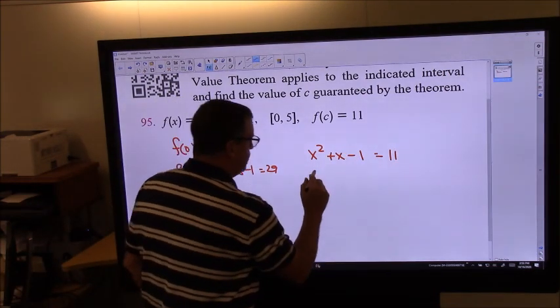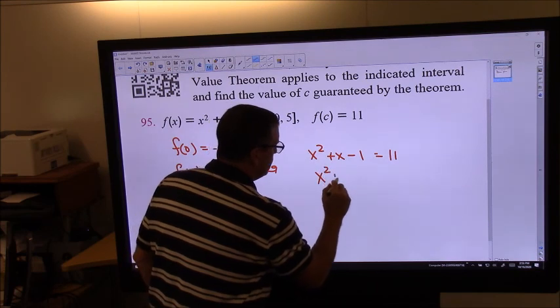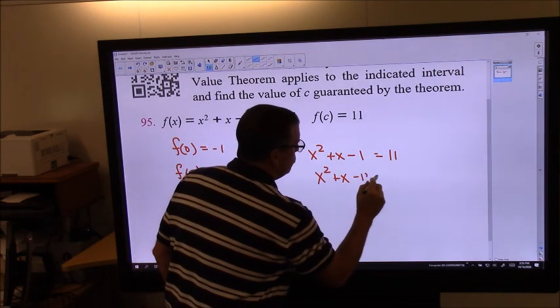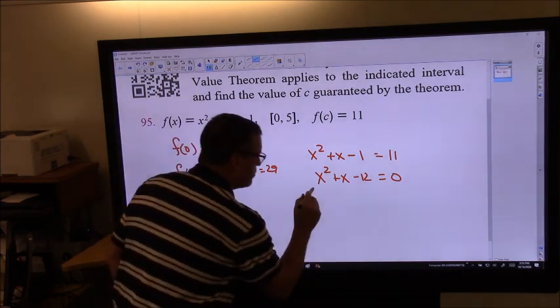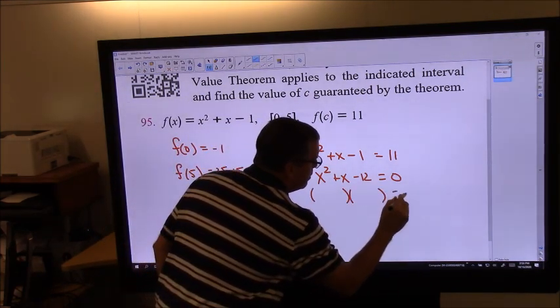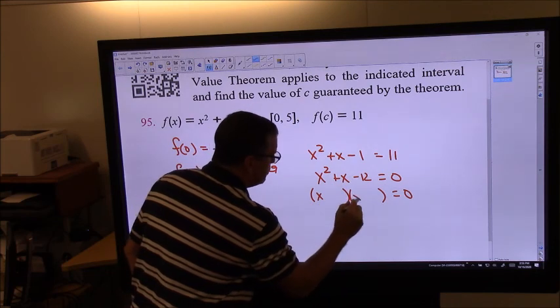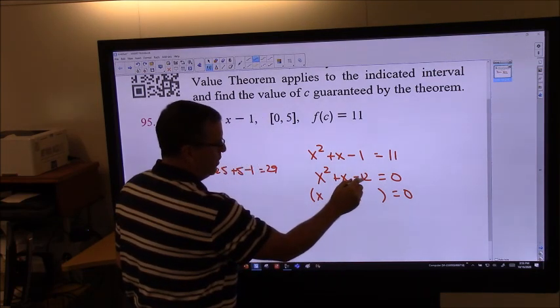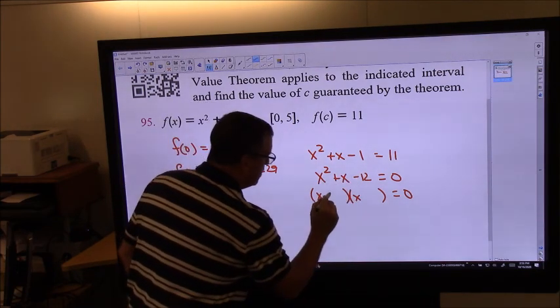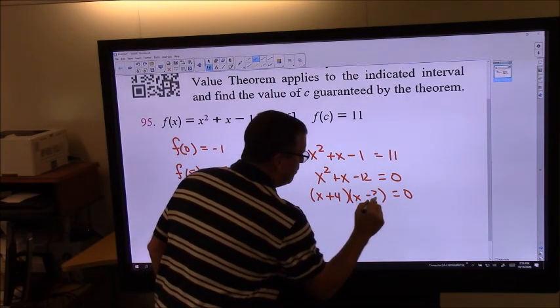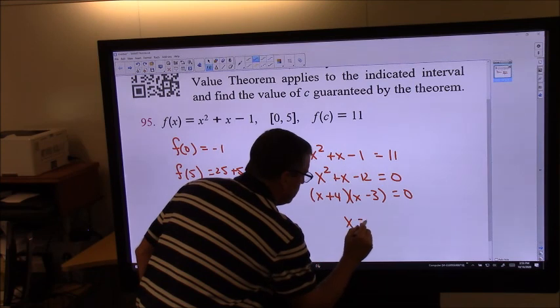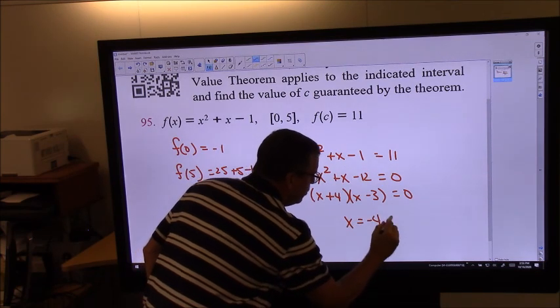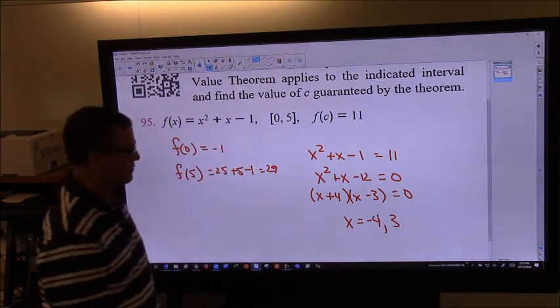I'll bring the 11 over and subtract it. x squared plus x minus 12 equals 0. I then have to factor this, so I've got x times x, two numbers you multiply to get 12 and subtract to get 1. It's got to be a positive 4 and a negative 3. So that means x equals either negative 4 or positive 3.